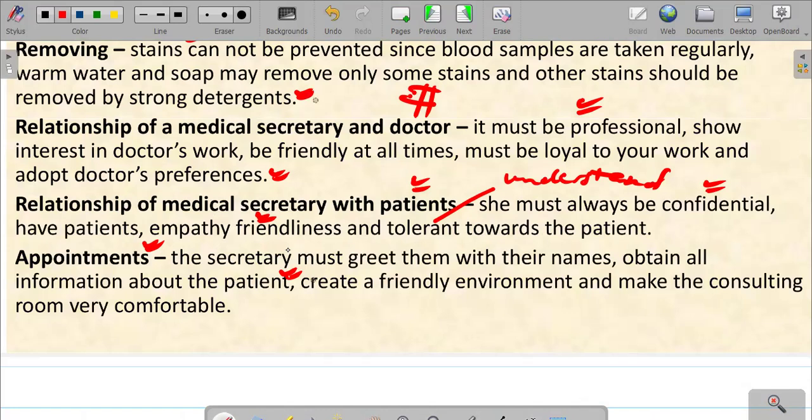Let's say for those who are admitted, the medical secretary has files and knows their names. It is very recommendable to use their names and also obtain every important piece of information about the patient, create a friendly environment, and make the consulting room very comfortable.